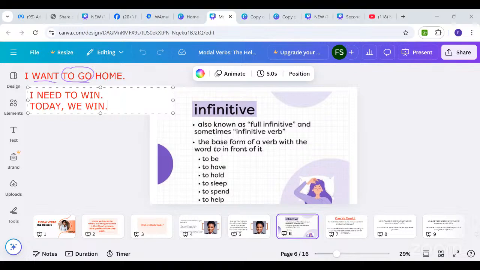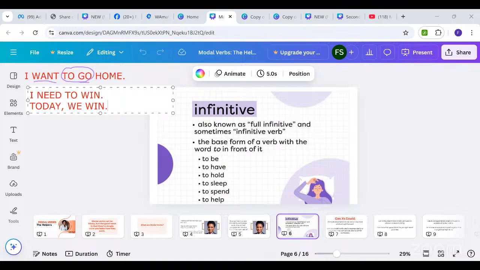Today we win. In the first sentence, it says, I need to win. Win in the first sentence is acting as a noun because of that word to. So win here is naming what you need to do. It's telling us the name of that thing you want to do.